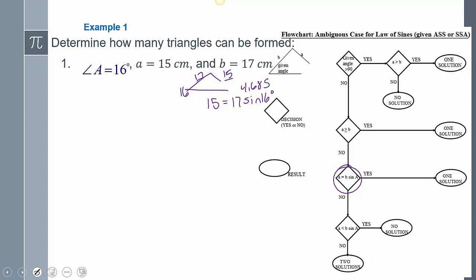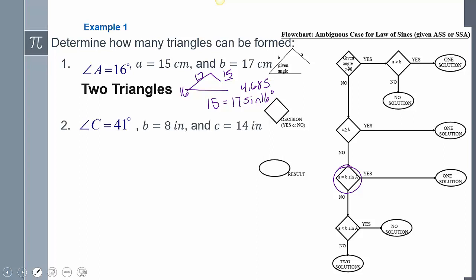So the answer is no. So then the next one, is your opposite side less than that? So we're looking at this. Is A smaller than that? The answer is no. So therefore, it's going to be two solutions. I know that with that given information, it's going to give me two triangles. So get another one.